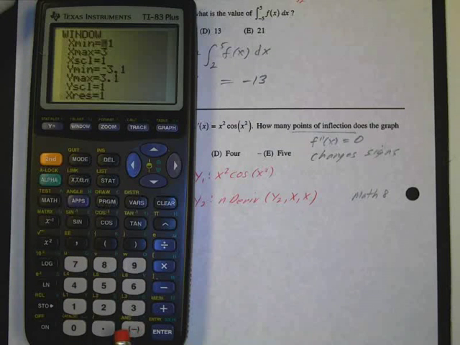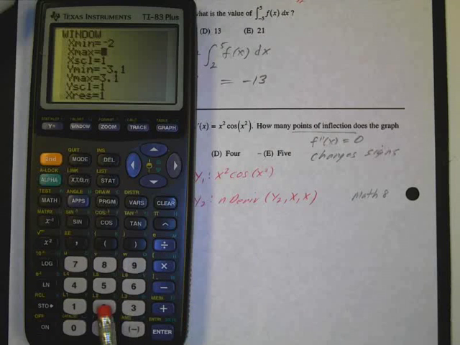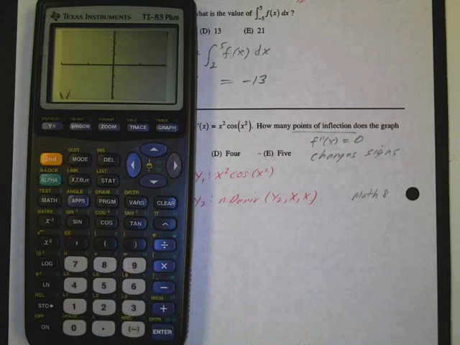So I can go to window, and I can make that negative 2. See what happens. Oops, I graphed both. Sorry, I forgot to turn off the other one. My bad. Now there's the second derivative.